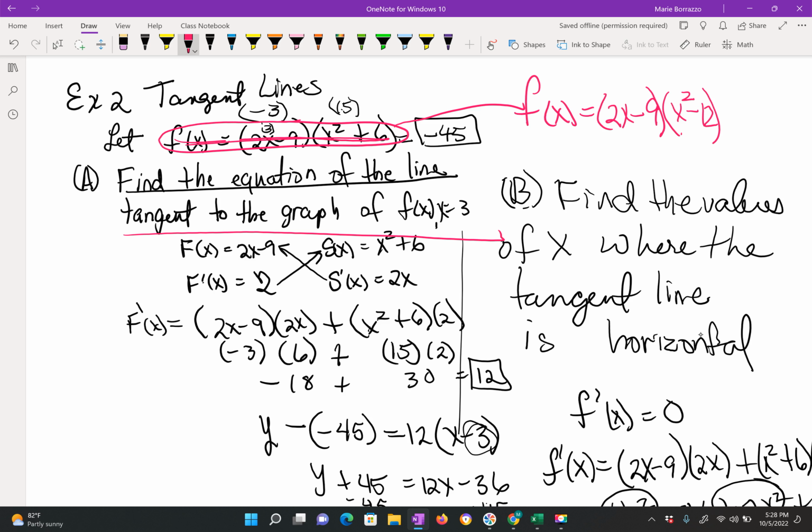The first example on the left, where did you get the 2 from and the 2x? That's the derivative of this, and if you look at this one, this is the derivative of this.